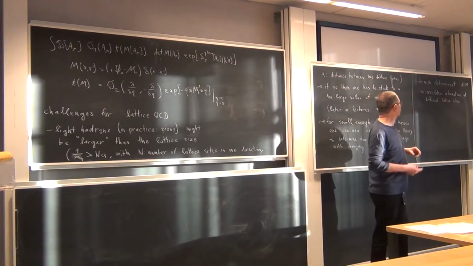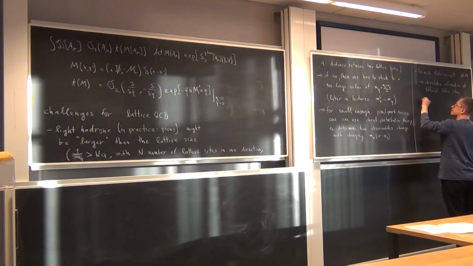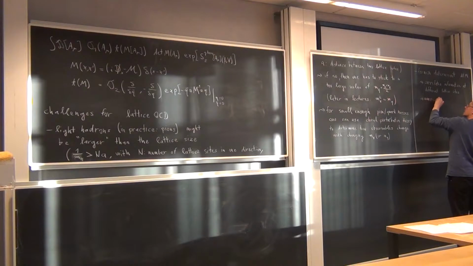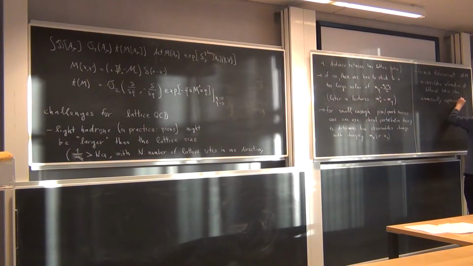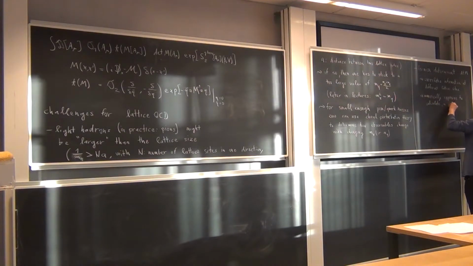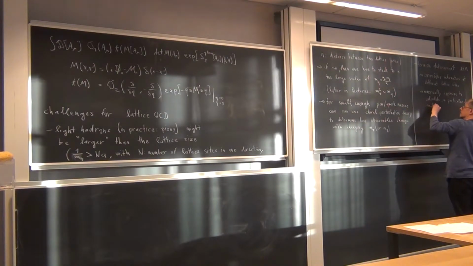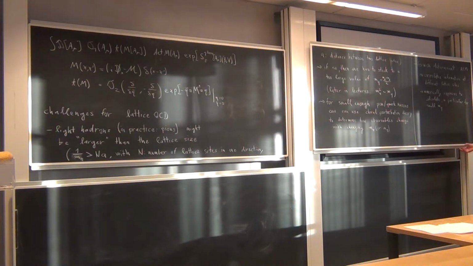And this makes the calculation of this determinant numerically very expensive, in particular for small m_q, which basically means small m_pi.